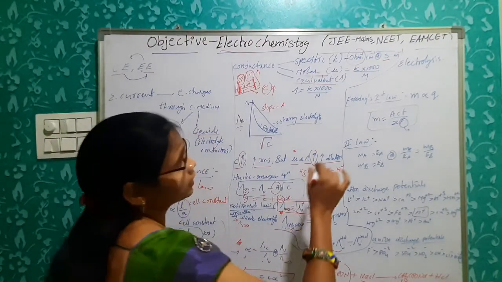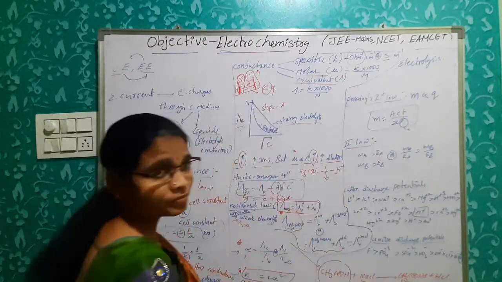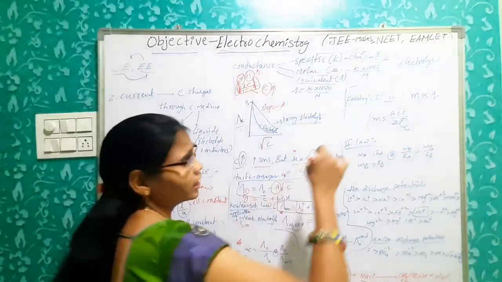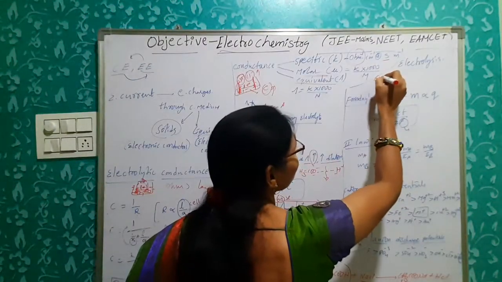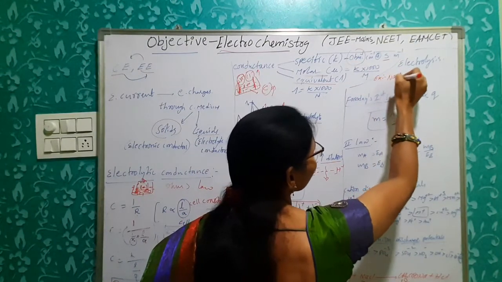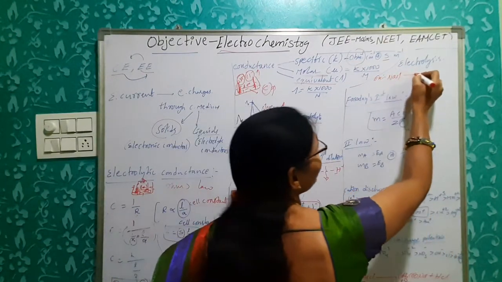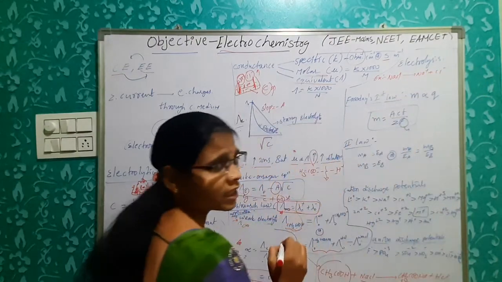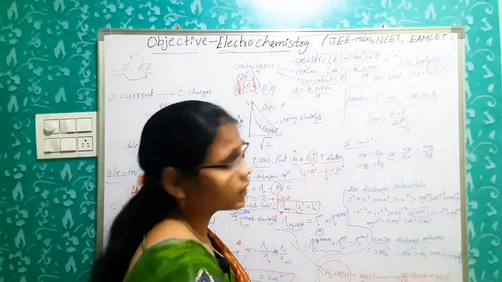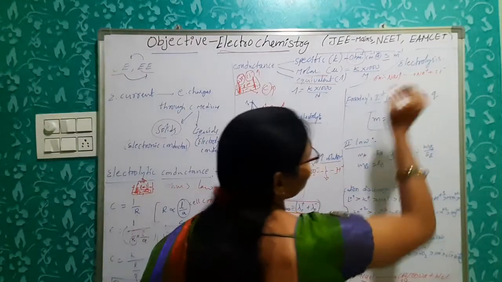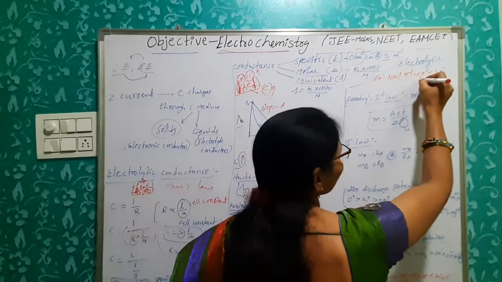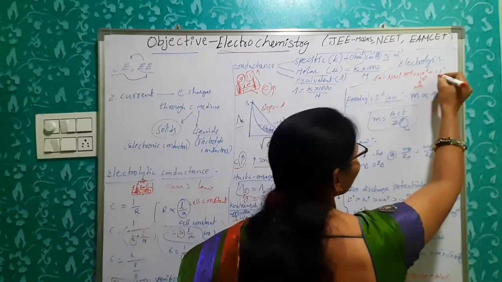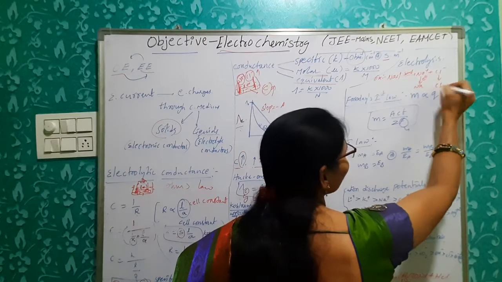Okay, next, electrolysis. How to define electrolysis? The decomposition of an electrolyte. Suppose you take any strong electrolyte. Decomposition of electrolyte into its ions by passage of electric current is known as electrolysis. The cation goes towards the cathode and anions go towards the anode and discharge at the respective electrodes.